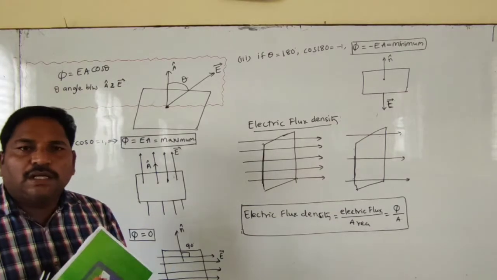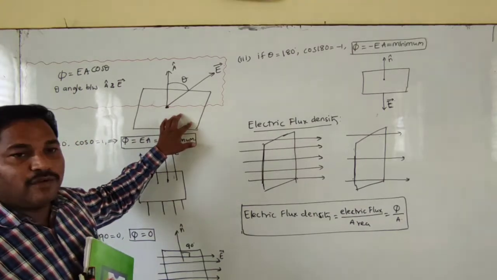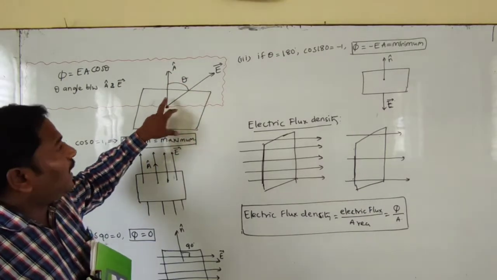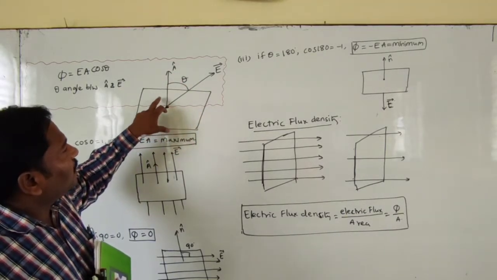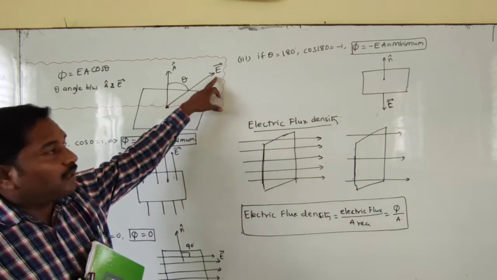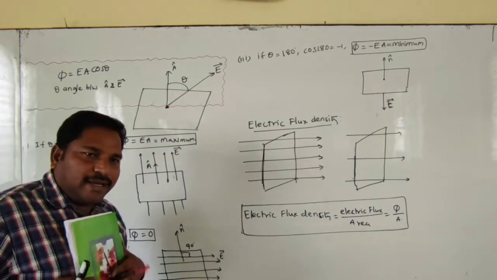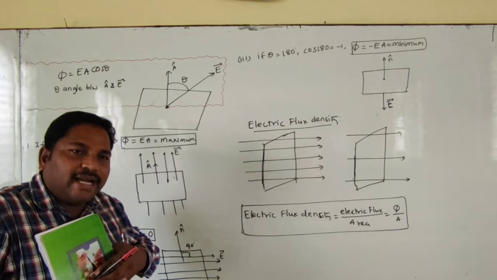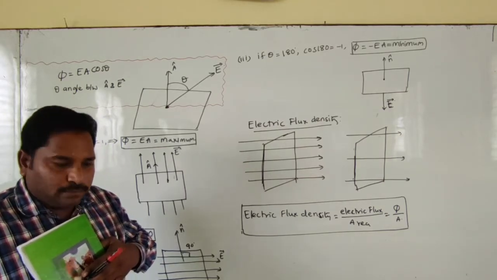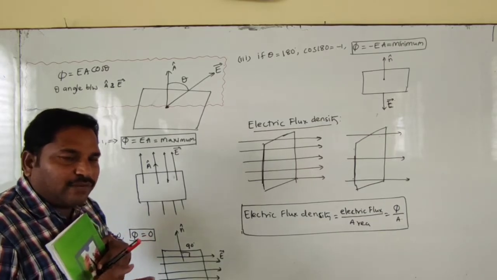Finally, suppose this is the area of the loop, and the direction of the area of the loop is in this direction, the electric field is in this direction, and the angle is theta. That means the area vector of the loop makes an angle theta, not the plane of the loop. The area vector makes an angle theta with the electric field.